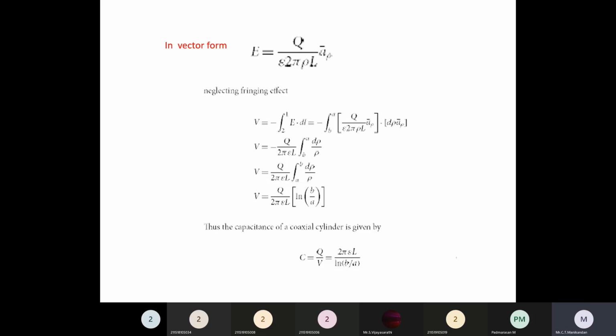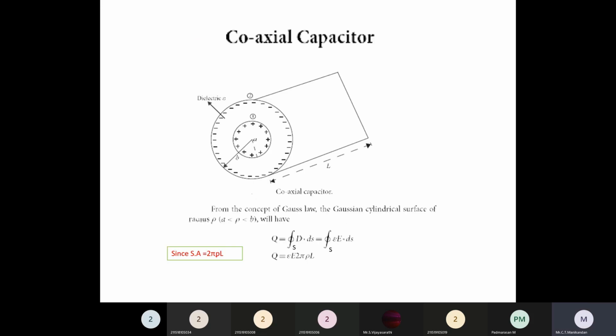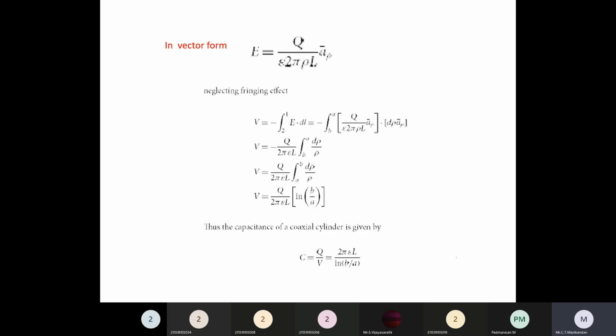We know the relation between potential and electric field: V equal to minus integral E dot dl. Applying that, we get the V value, so C equal to Q by V.